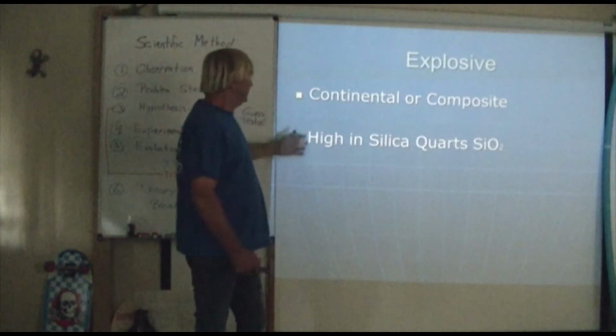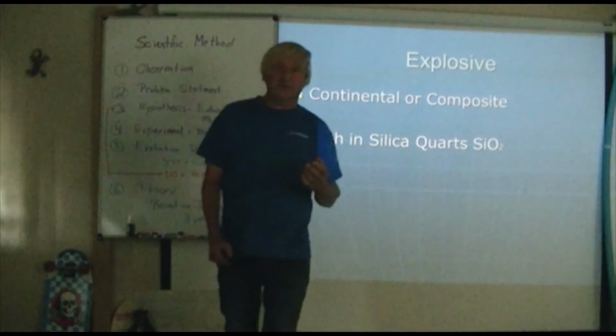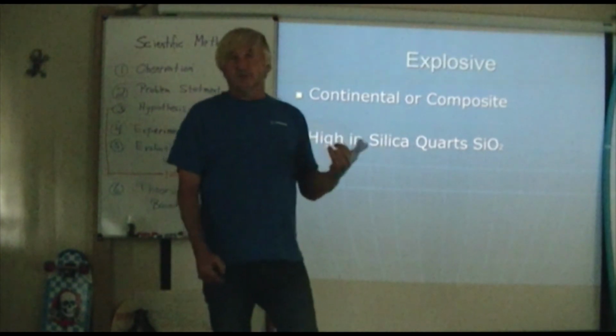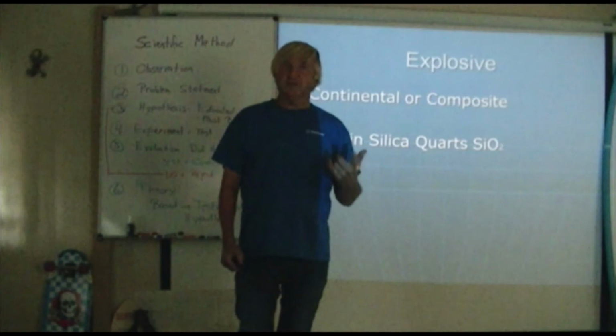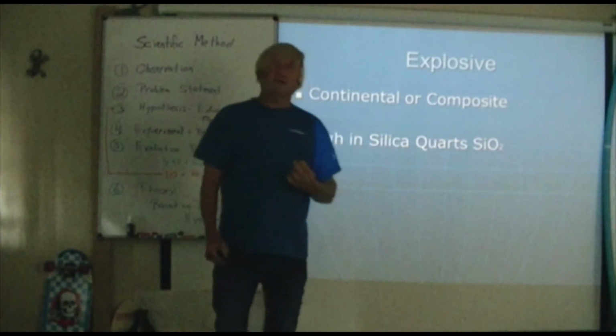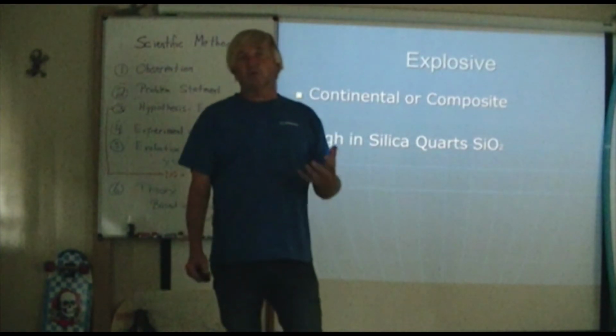Explosive volcanoes, we find these on continents. So remember a couple weeks ago when we talked about plate tectonics, there are basically two types of plates. There's oceanic plates, which are rich in basalt. Basalt is rich in iron. And then there's continental crust, which is rich in silica or quartz.